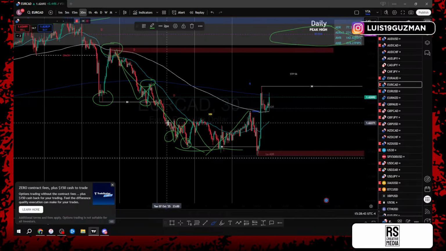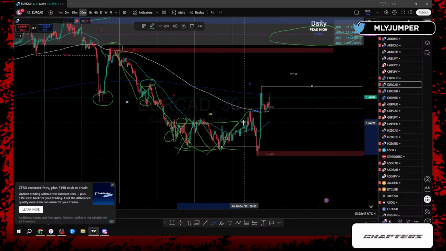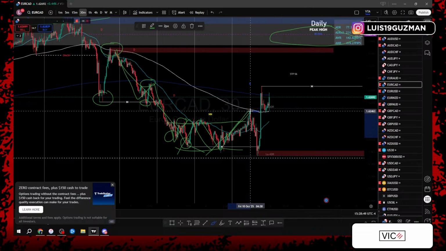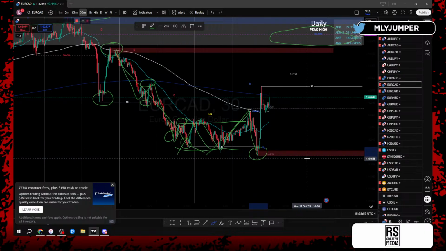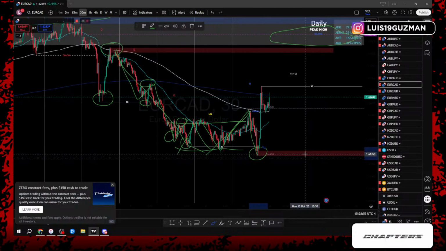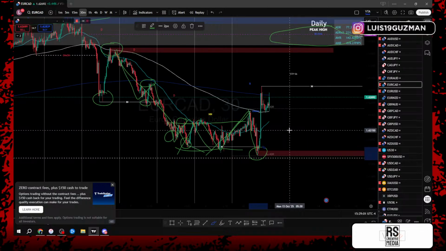This entire time price was trending, right? Until where? Until here. Price here is where it started moving sideways for a little bit, and then it gave us a nice pullback. And then did what? Came back and gave us another lower low. Does that make sense?